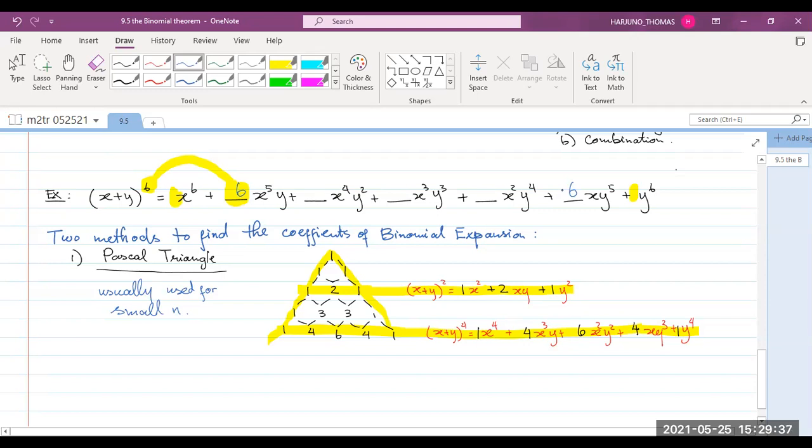Okay, but let's find the rest. What are these numbers? We know that these two numbers must be the same, right?